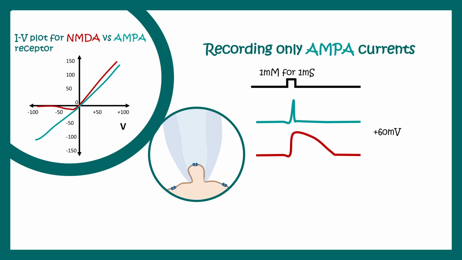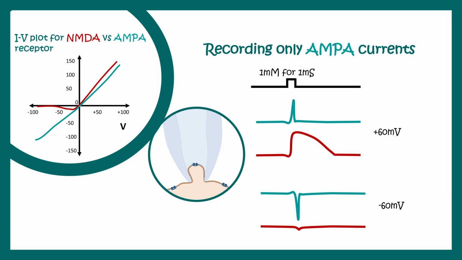There is a very easy trick that electrophysiologists do. In order to look at the AMPA current exclusively, they record at minus 60 millivolts, because from the IV curve they can see that at negative potentials there is no current through the NMDA receptor. So obviously the current would be exclusively through the AMPA receptors.